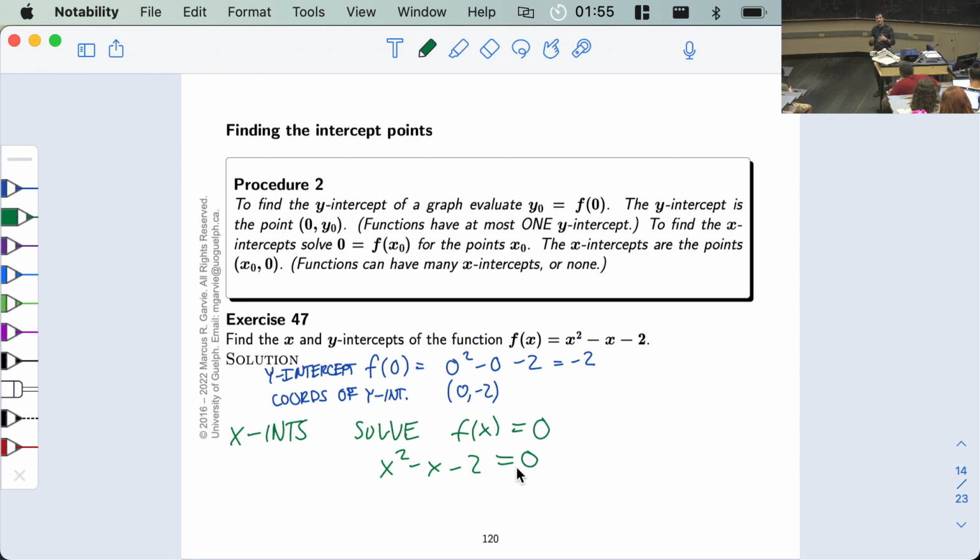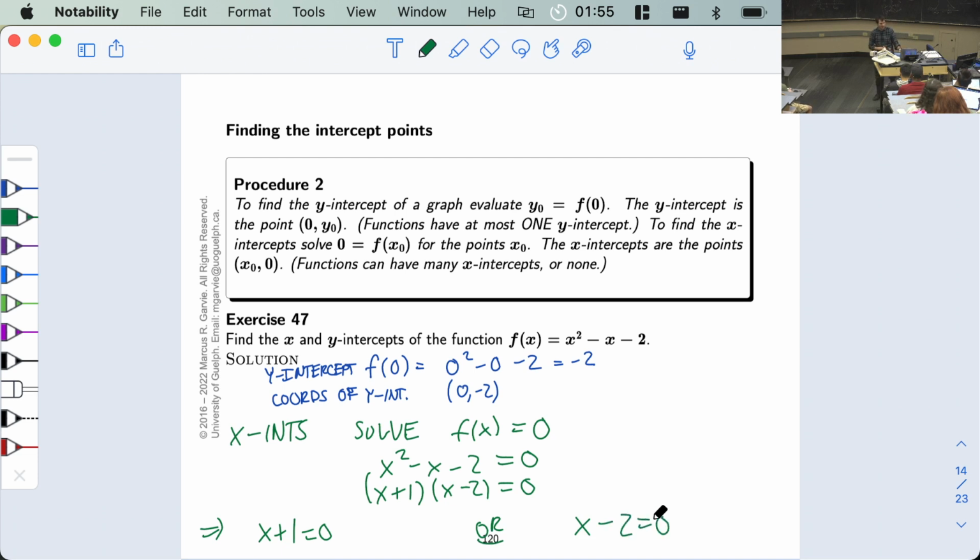And factoring it is easier because I told you as a hint how to factor it. So the factoring is x plus 1 times x minus 2 equals 0. So we're talking about the product of two numbers, x plus 1 times x minus 2. You multiply two numbers together to get 0. Well, the only way that can happen is one of the two numbers has to be 0. So x plus 1 equals 0, or x minus 2 equals 0.